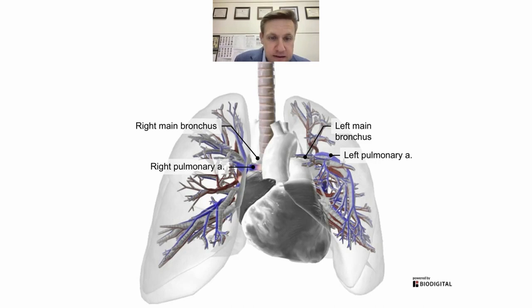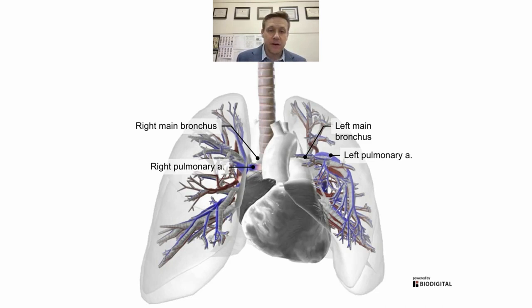And notice, these are pulmonary arteries, and I'm pointing to the blue things. And you probably typically think of arteries as being drawn red and veins as blue. Well, that's true outside of the lungs, but we don't really define arteries and veins by whether they carry oxygenated blood or deoxygenated blood. We mean if it's going away from the heart or coming towards the heart. And in the case of the lungs, pulmonary arteries are going away from the heart in order to get oxygenated in the lungs.